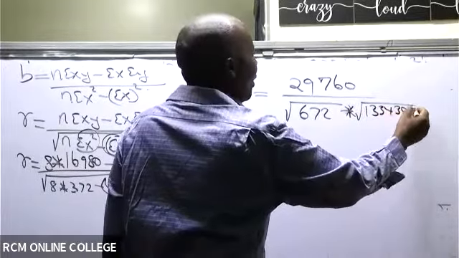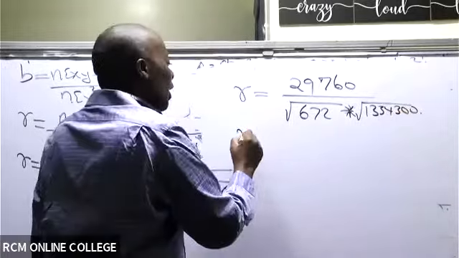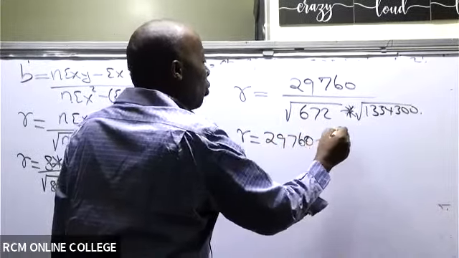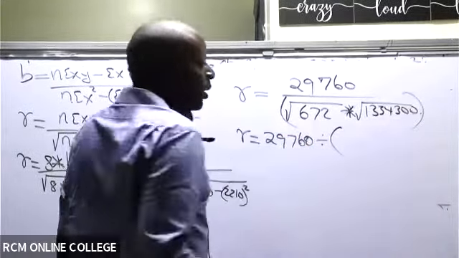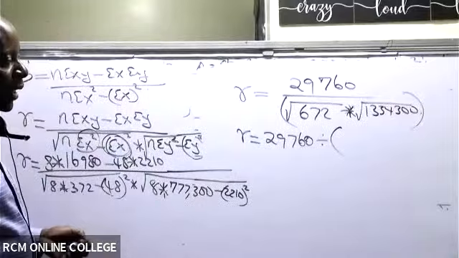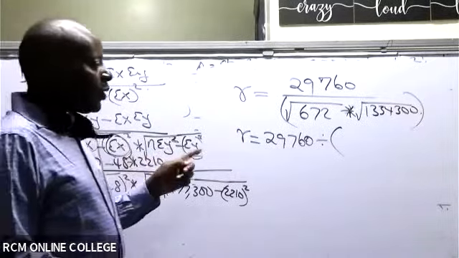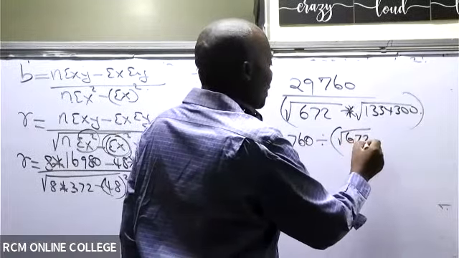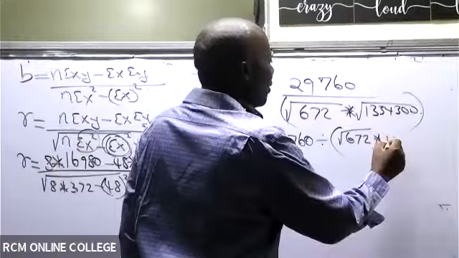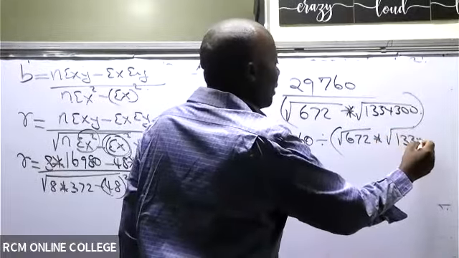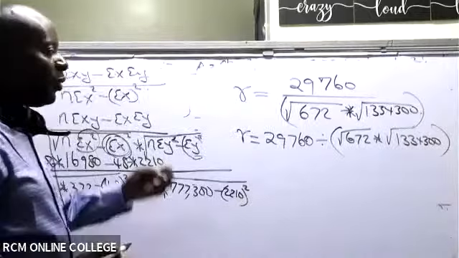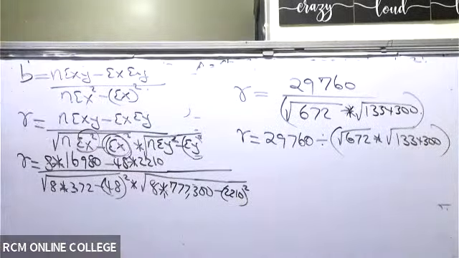So in your calculator, to get this R, you say 29,760 divided by, open bracket, because there are two terms. You must always open brackets. So you say square root of 672 times square root of 1,334,300, and then you close bracket and press equals.